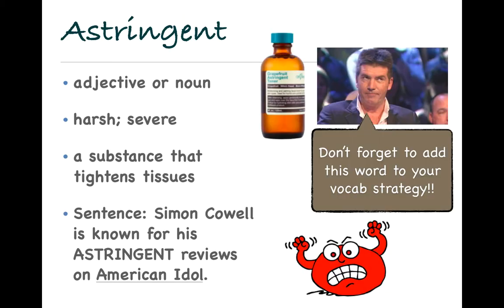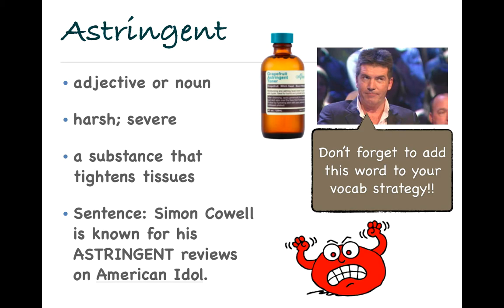The first word is astringent. This word can be used as either an adjective or a noun. If you're using it as an adjective, it means harsh or severe. So Simon Cowell is known for his astringent views on American Idol, his harsh comments, his severe judgment.